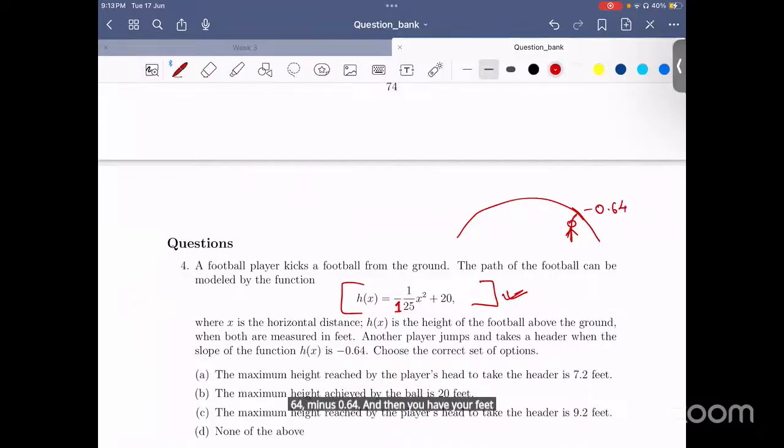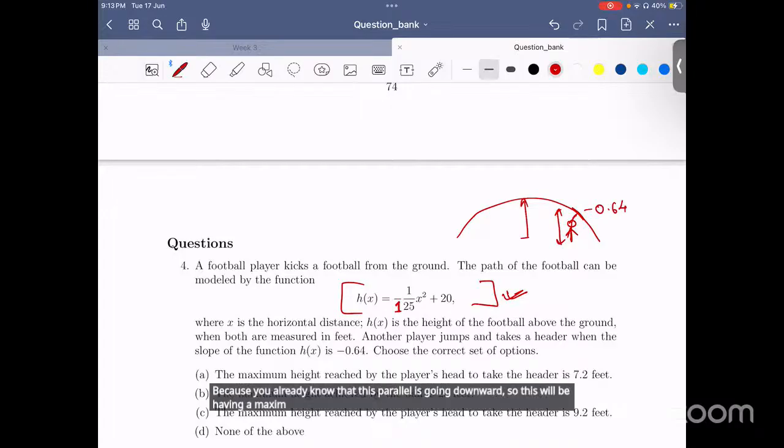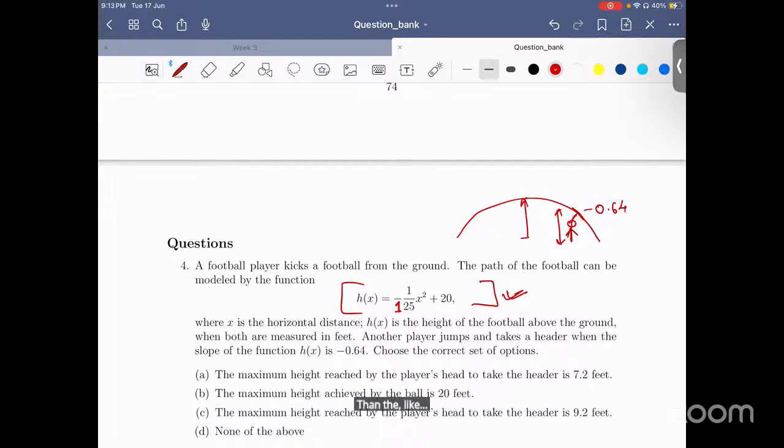What is the height where the player did the header, and the maximum height of this parabola? Because you already know that this parabola is going downward, so it will have a maxima, the maximum height that the ball will achieve. And you also have to tell the height where the football player has done the header.